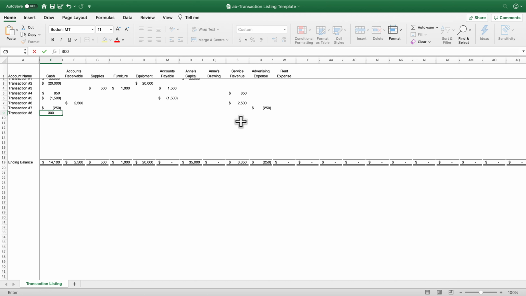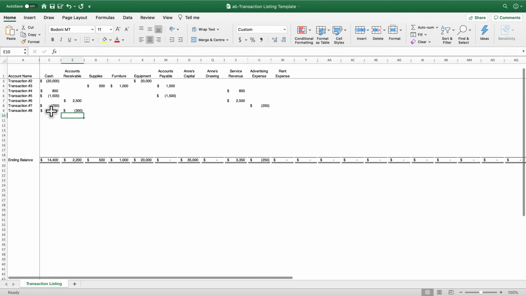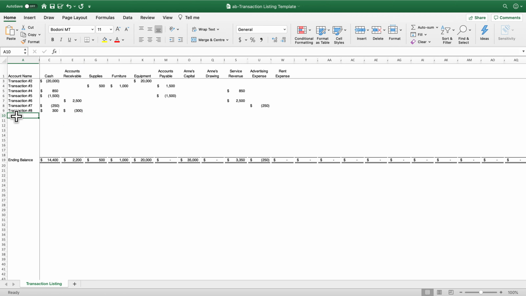Service revenue is already listed, so we don't have to put anything under service revenue, but we do have to reduce the accounts receivable account by $300 because that is no longer owed to Anne. So we have $300 cash going in the cash account and $300 coming out of the accounts receivable account because that is no longer owed.